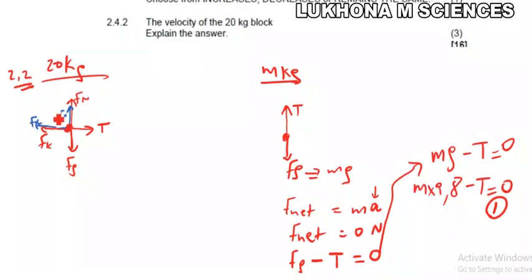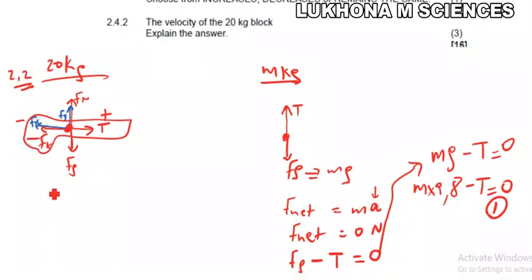Let's go to this one and see what we'll get here. Here we're going to use the forces that do work on an object, the forces that make an object move, because these ones are perpendicular. Meaning that we have this tension, and this tension must be positive because it goes to the right, and this one must be negative.